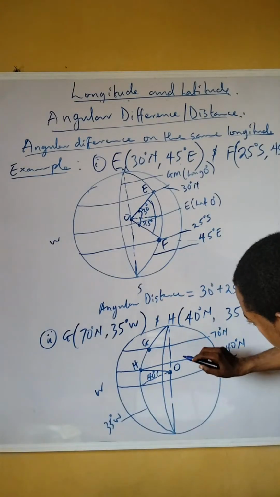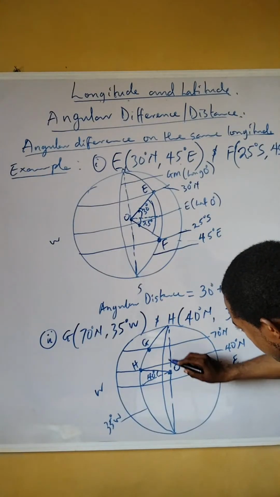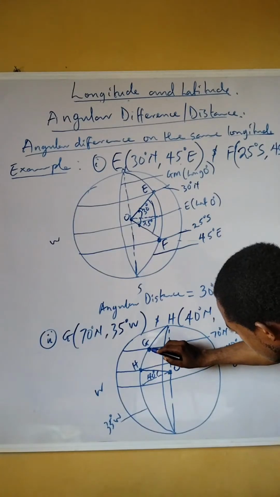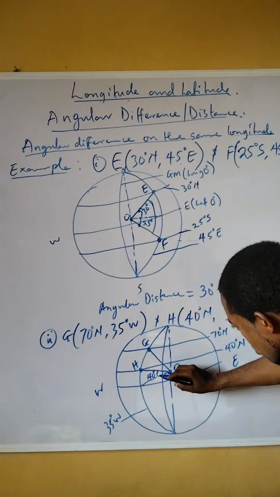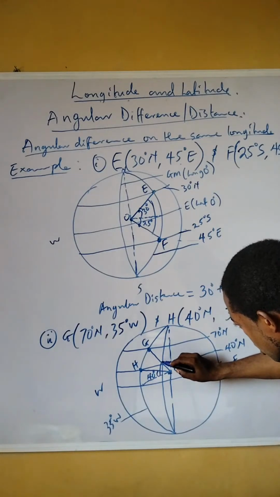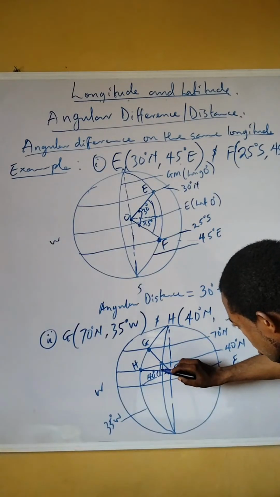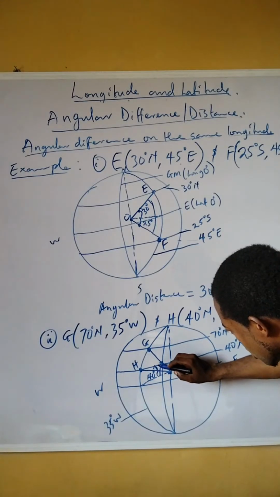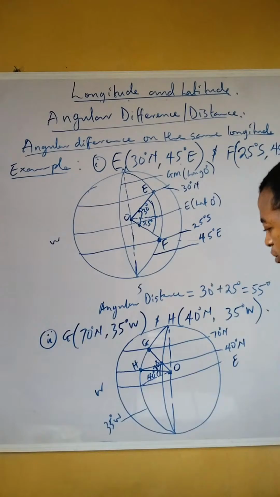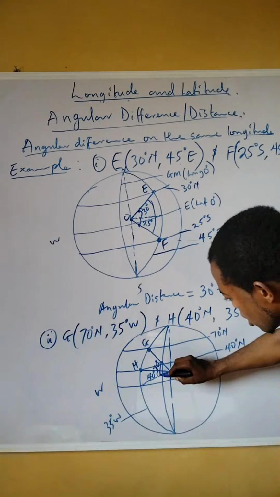And also, we move from the center to this point G. Everything is 70 degrees. So let's write this out somewhere here at 70 degrees. I believe we can see from here to here, 70 degrees.